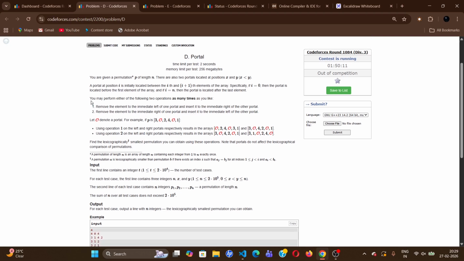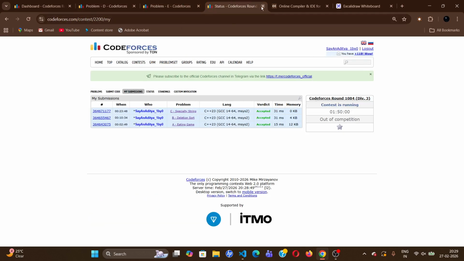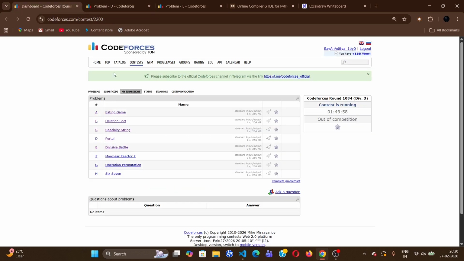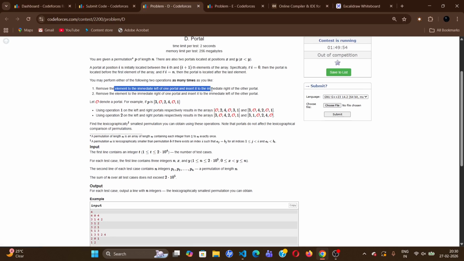Okay, you may perform the following two operations as many times as you like. Remove the element to the immediate left of one portal and insert it to the immediate right of the other portal.